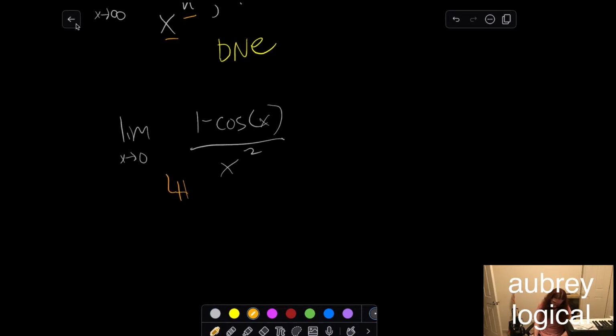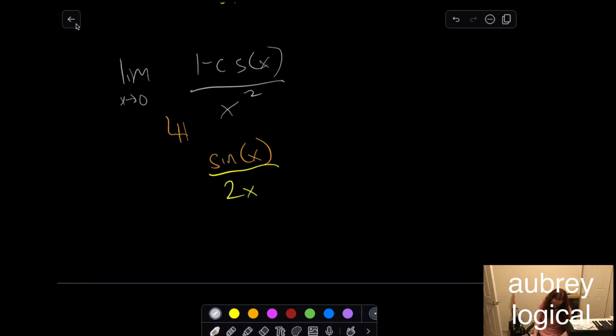When you take the derivative of 1 minus cosine, 1 is just a constant, so it becomes 0. And negative cosine becomes positive sine of x. And then finding our derivative of x squared, that will turn into 2x, but as you can see, we're approaching 0.